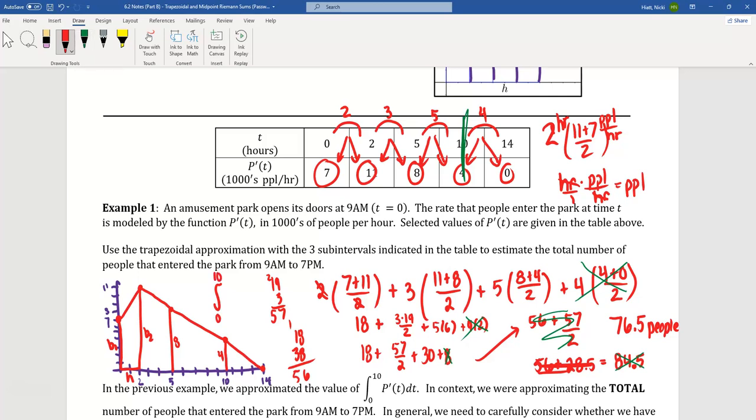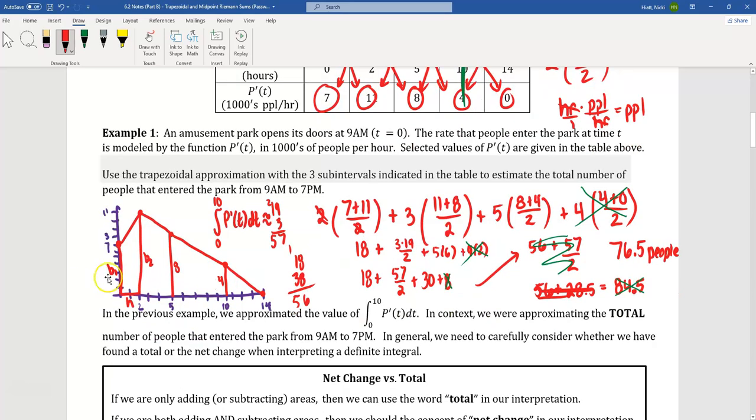If I'd done that, that may have made me think about my time a little more there. Integral of P prime of t dt, approximately equal over there. Okay, questions here?